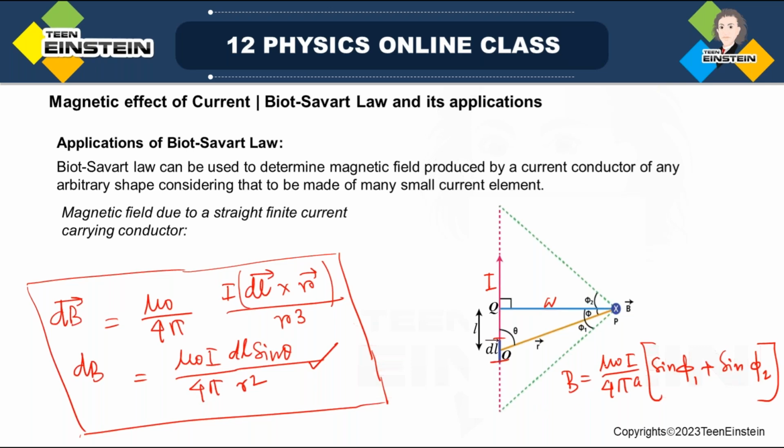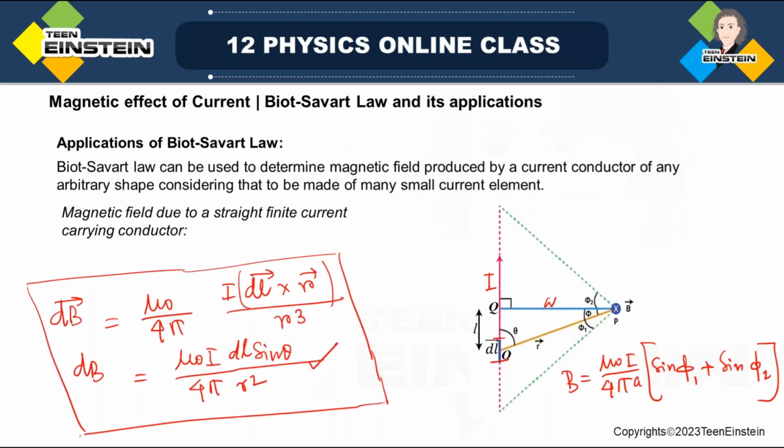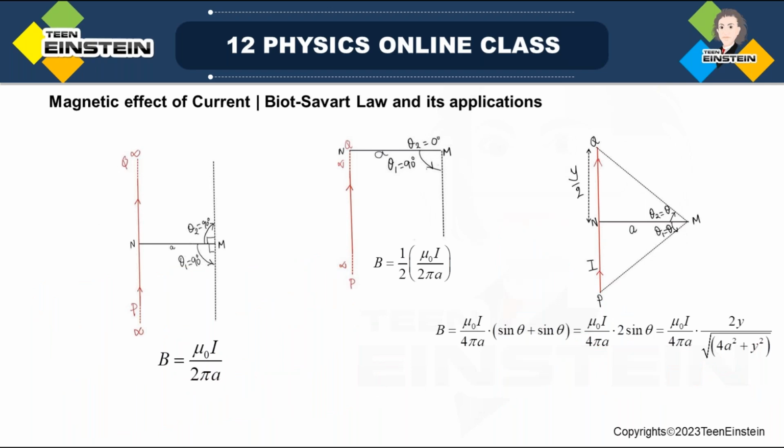This is the formula we found yesterday. Now we'll try to see some special cases out of that. Yesterday we rushed into this. This is a general formula for a straight conductor, and also this is for a finite one; obviously we can convert that for an infinite one.